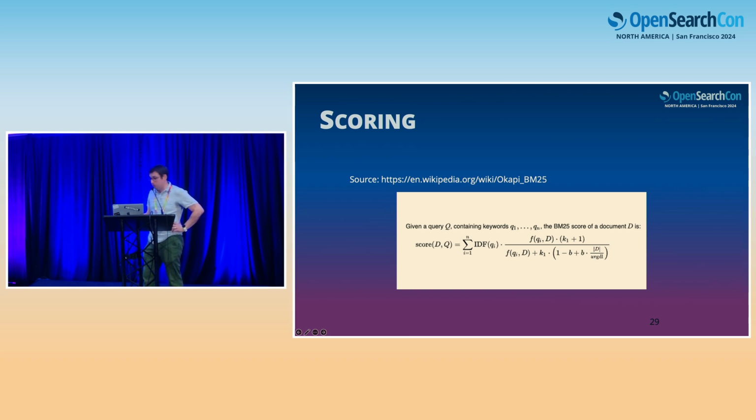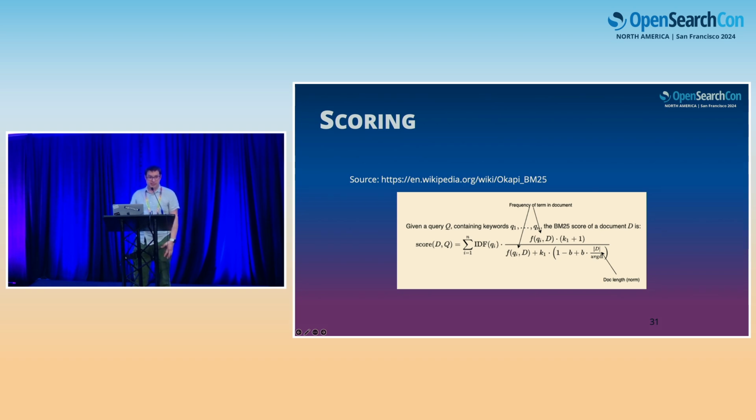In fact, the only two terms that relate to the current document, to score a document, are this one, FQD, the frequency of the term in the document, and this length of the document, that's the norm. So the two things used for scoring a document are frequencies and norms, which match-only text fields don't have. In other words, you can't actually do relevance scoring with match-only text fields.